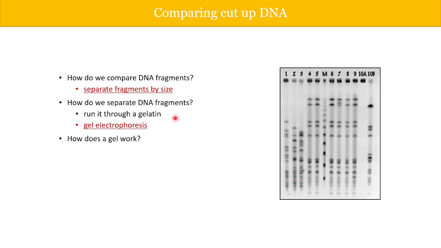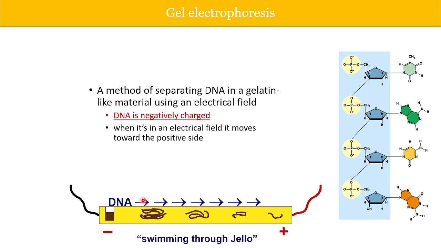So how do we separate the DNA fragments? We run them through the agarose gel and carry out gel electrophoresis, and then we check it. Gel electrophoresis is a method of separating DNA in a gelatin-like material, an agarose gel, using an electric field.